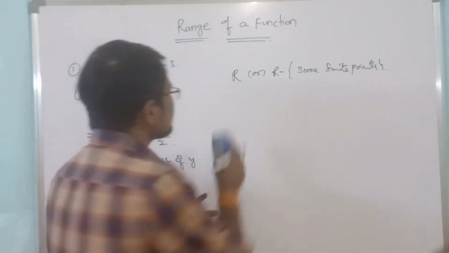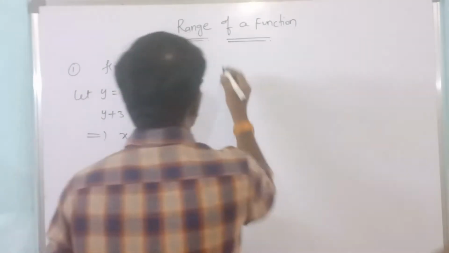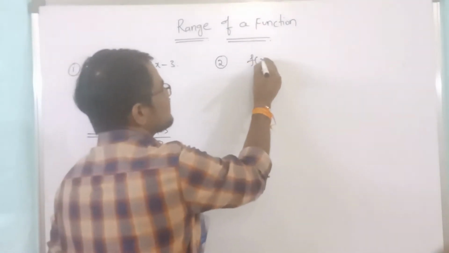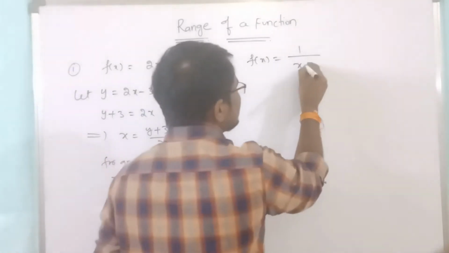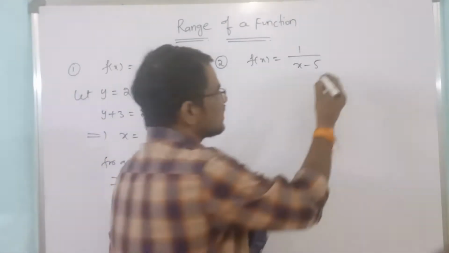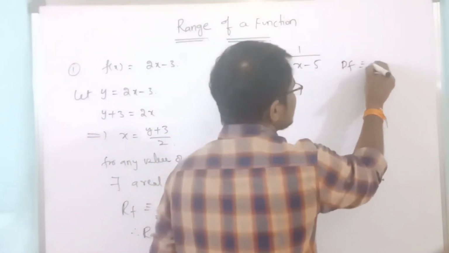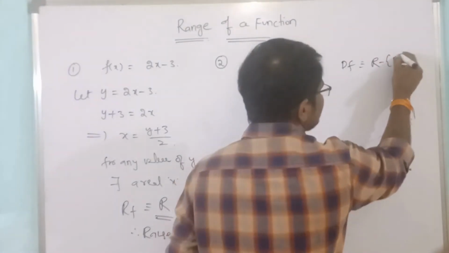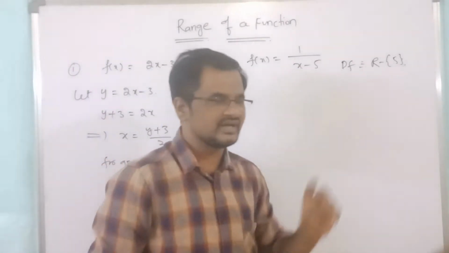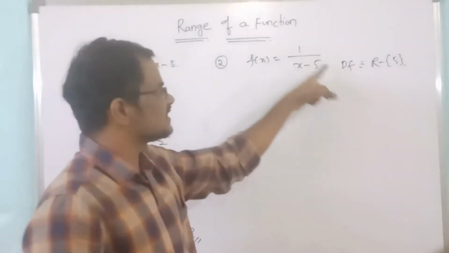Now suppose you take one more problem like this: f of x equal to 1 by (x minus 5) is given. So here the domain of this function is the real numbers except 5, because at x equal to 5 the denominator is 0, and 1 by 0 is not defined.